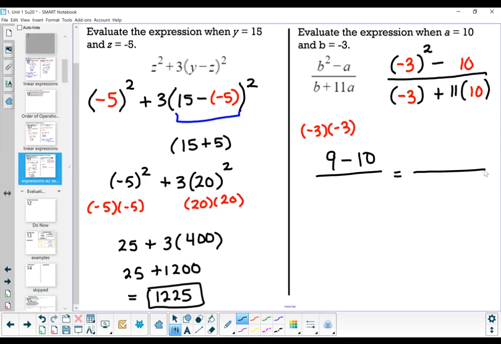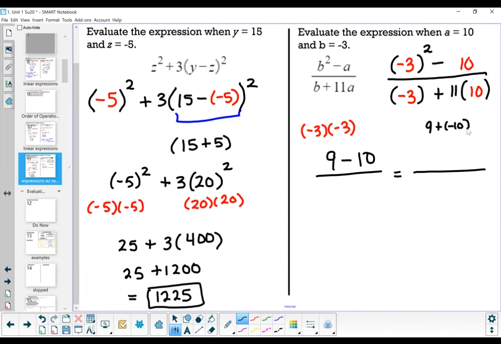All right, another way to look at 9 minus 10 is 9 plus -10. All right, so 9 plus -10. 9 is money in the bank. -10 is a bill that you have.